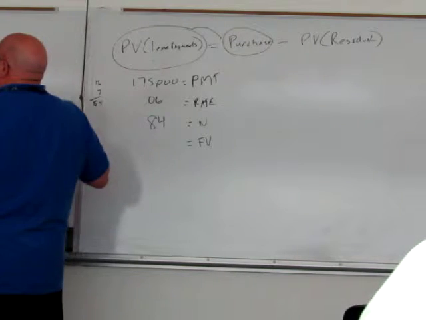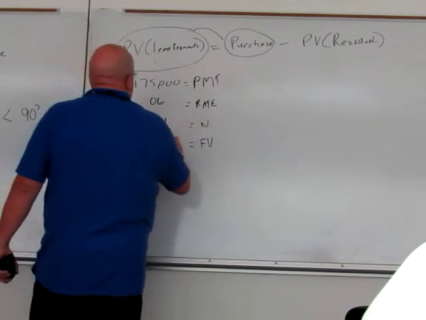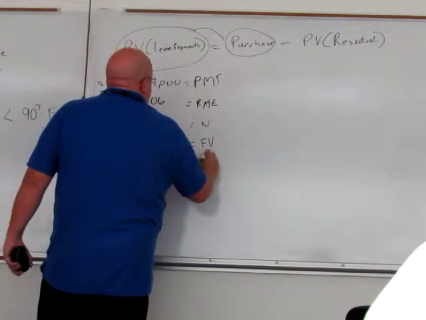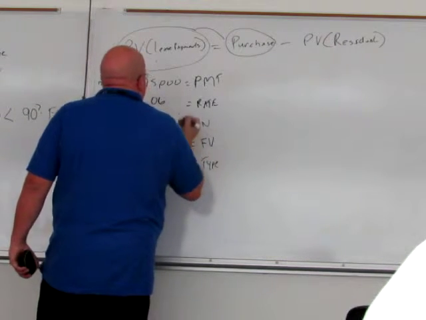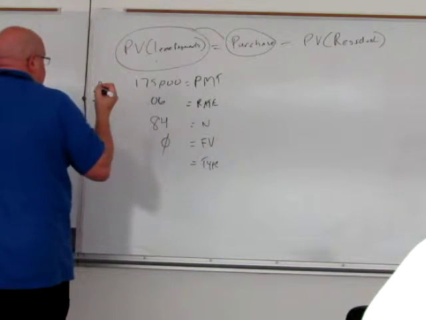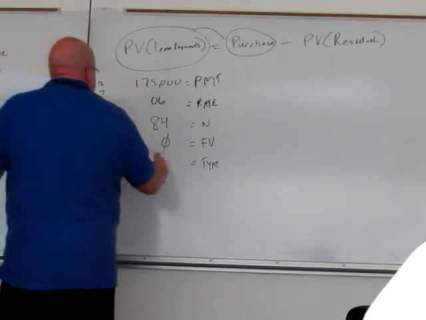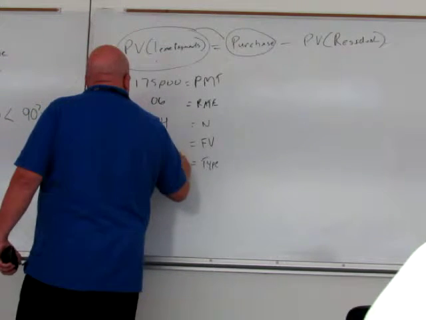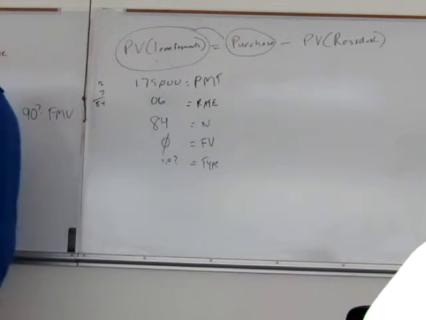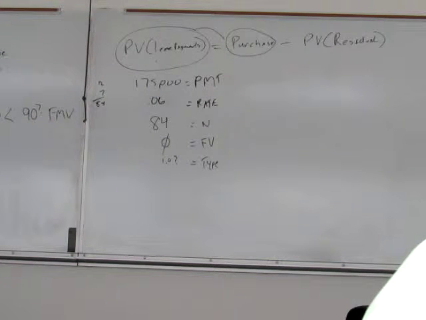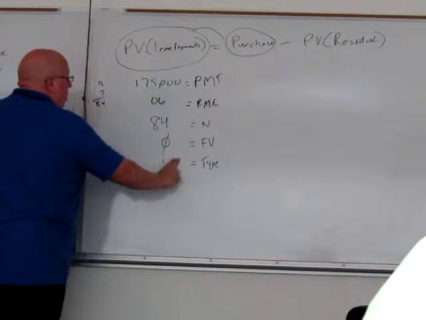Is there a future value? Zero. And then don't forget my type will be what? It'll be at the beginning. 0 or 1? One is at the beginning. When are these payments usually made? Beginning of the month. It's a 1.